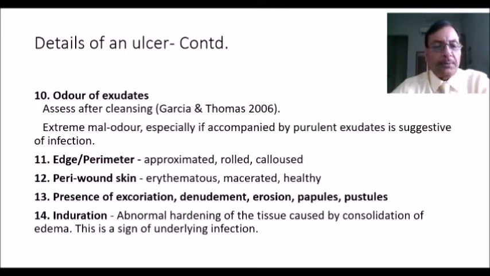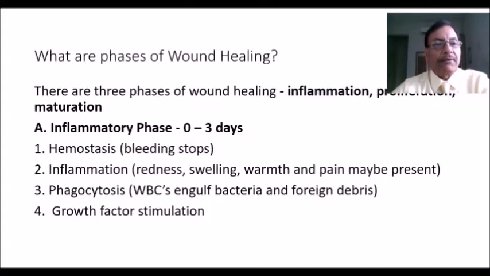Remember, the abnormal hardening of the tissue is called induration, and usually it is caused by consolidation of the edema, and this is a sign of underlying infection. What are the phases of the wound healing? There are 3 phases usually: phase of inflammation, phase of proliferation, and phase of maturation.